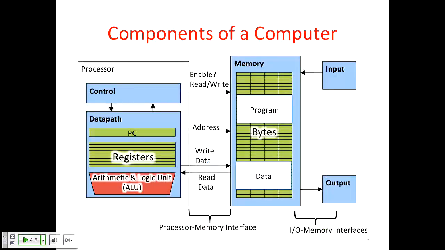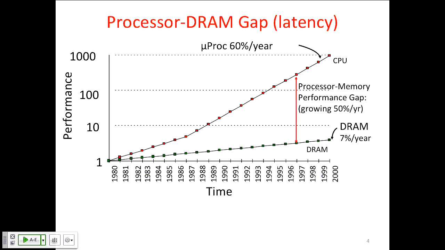So let's go back to this diagram we showed you a few times about the main components of a computer. You have the processor itself, you have the memory system, you have input and output. And today we're going to focus on this processor to memory interface, how the processor reads and writes data out of that memory.